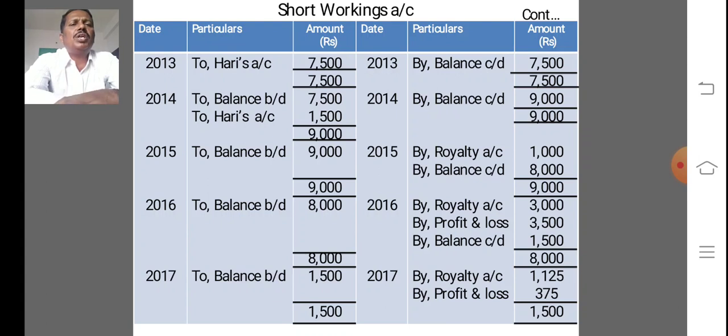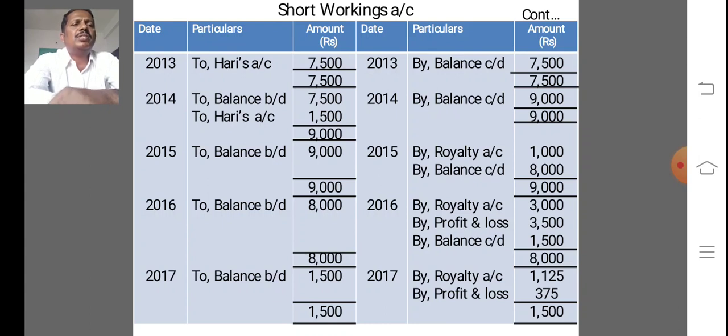In this year no short workings arise, and out of the 9,000 short workings we pay royalty in the form of royalty 1,000, and the remaining balance of rupees 8,000 is balance brought down to the beginning of year 2016. To balance brought down 8,000, and in 2016 we have some profits, some surplus.